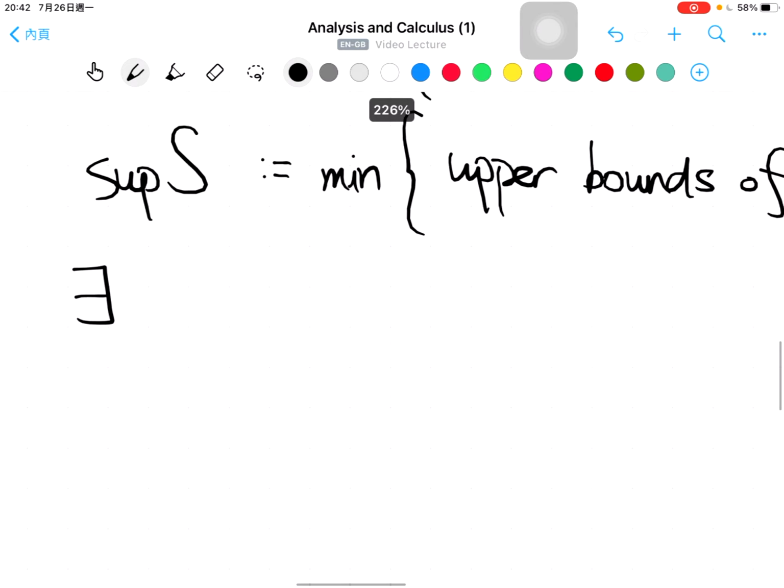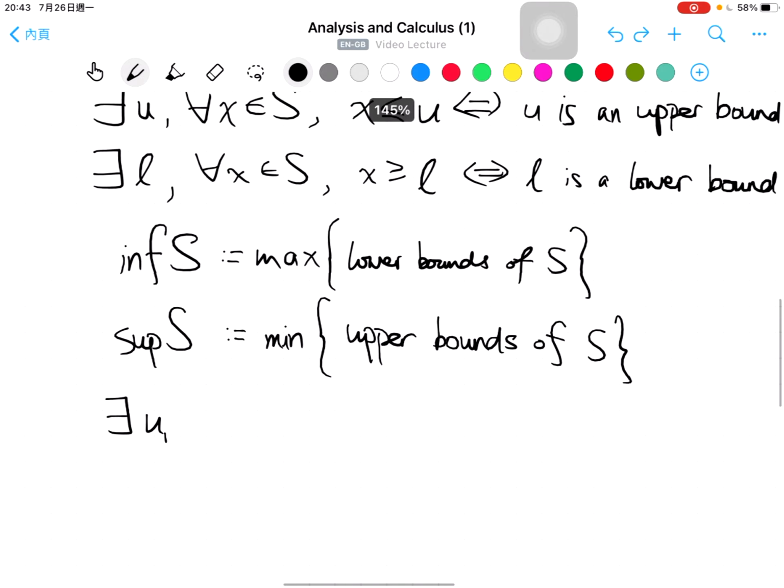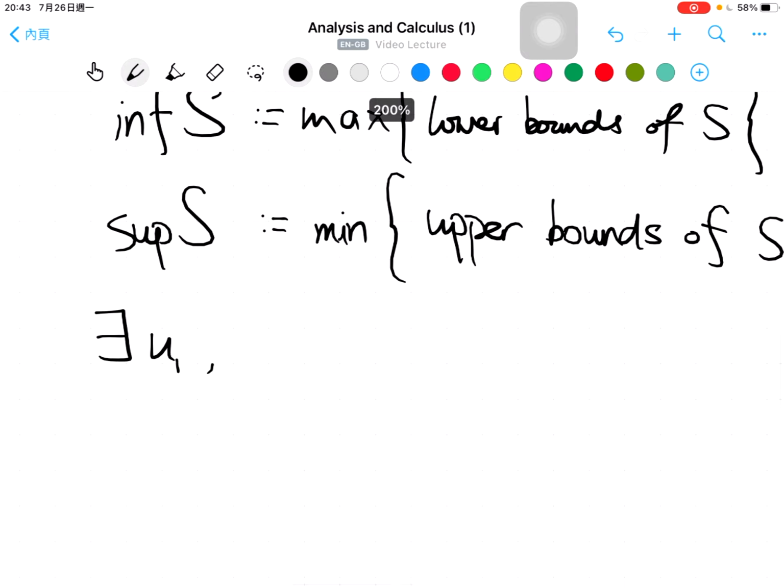If we have a number, let's say an upper bound u1, such that it's an upper bound for all x in S, then u1 is going to be larger than or equal to x. This is the definition of an upper bound.